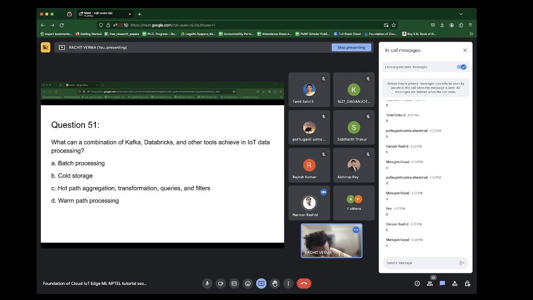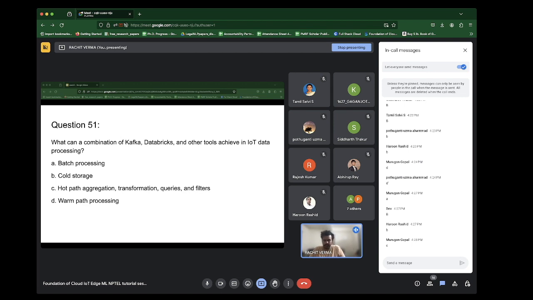I think C: hot path aggregation, transformation, queries, and filters. So C is the most accurate answer.